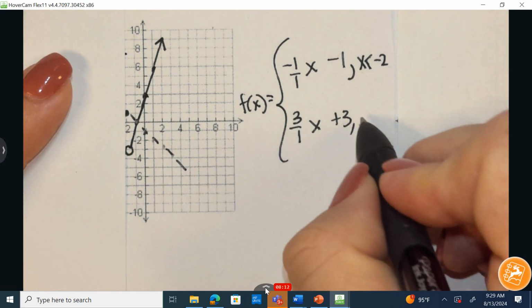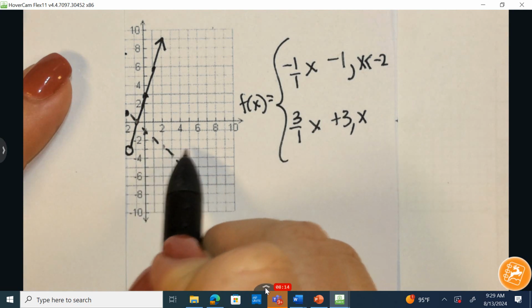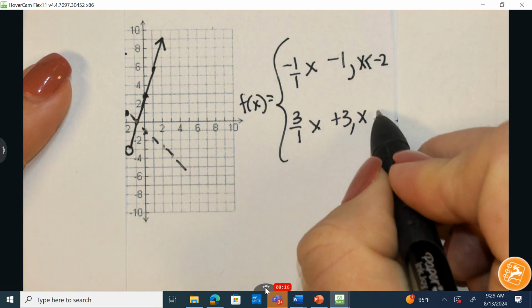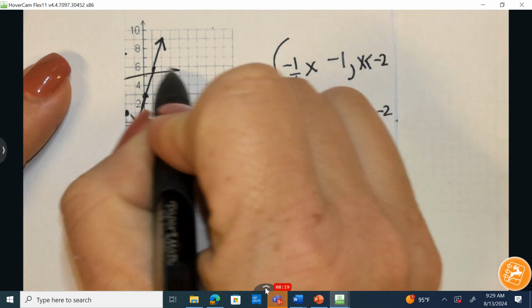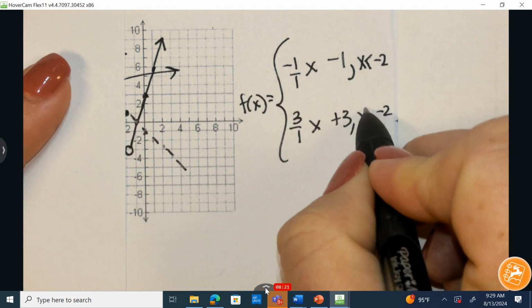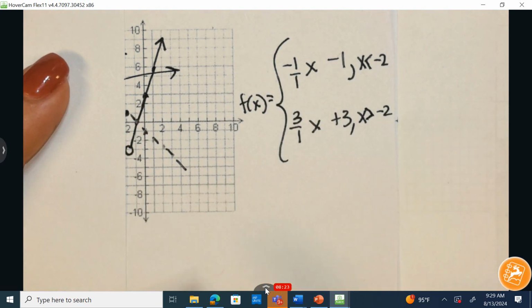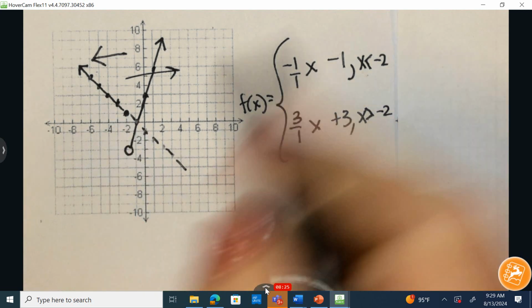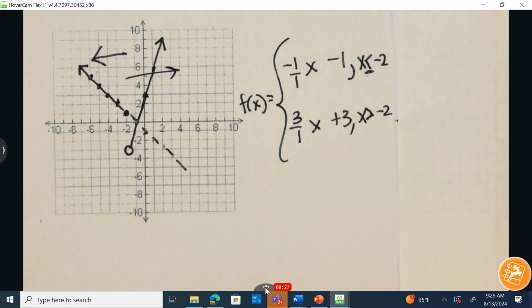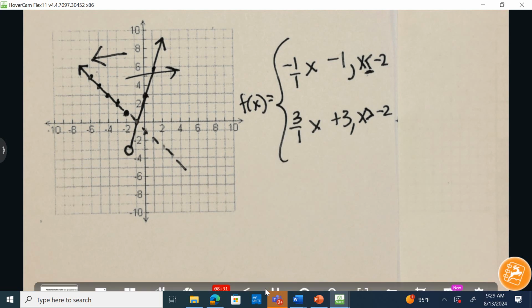Here's the second part, and it's to the right of it. So we're at negative 2, and it's to the right of it. Think of this arrow as an inequality symbol, but I do have to remember that the top one had a closed dot, so I need to include that with the less than symbol, so less than or equal to.